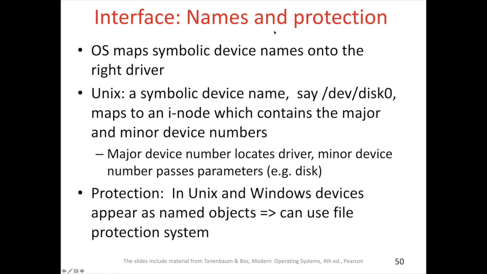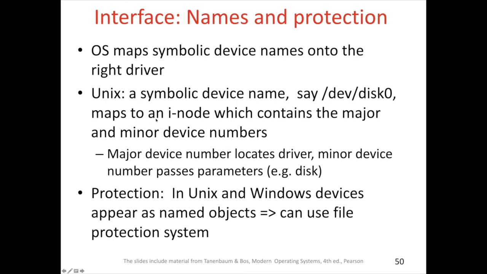Interface, names and protection. The operating system maps symbolic device names onto the right driver. In Unix, a symbolic device name, for example, in the root directory device, there we have disk 0.